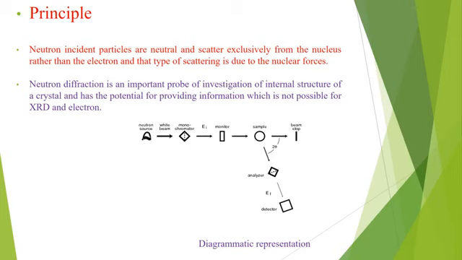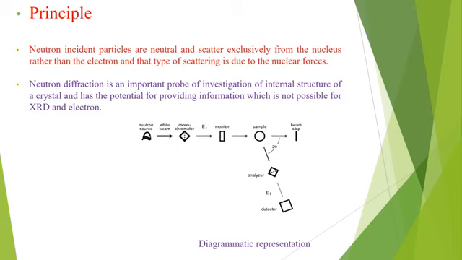Here is a diagrammatic representation of the neutron diffraction technique in which neutrons are taken as a source in the form of a white beam. These neutrons are passed to the monochromator so that the neutrons have a uniform wavelength. Then these monochromatic neutrons are passed through the monitor, and after this they strike the sample.